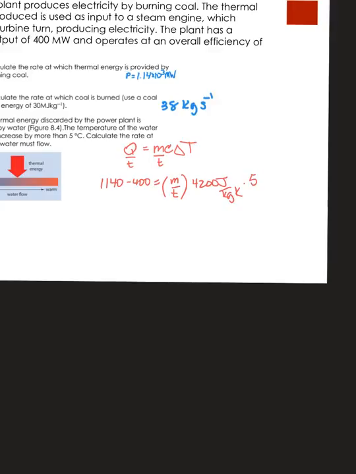So if I move this around, we're going to have m over t will be our 1,140 minus 400 all over 4200 times 5. And if we put that all in our calculator, we should get around 3.5 times 10 to the power 4 kilograms per second.